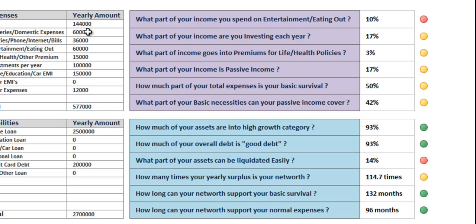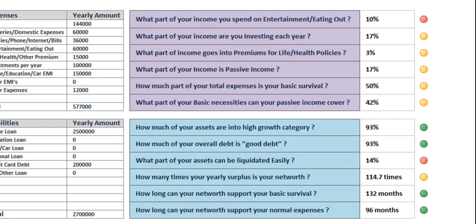And then my expenses are here. Rent, grocery, entertainment, all these expenses are there. Then my net worth information is there. I have assets in these things. I have shares, mutual funds, PPF, real estate, all these things are there. And then on the liability side, let's say I have a home loan of 25 lakh rupees and a credit card debt of 2 lakh rupees.